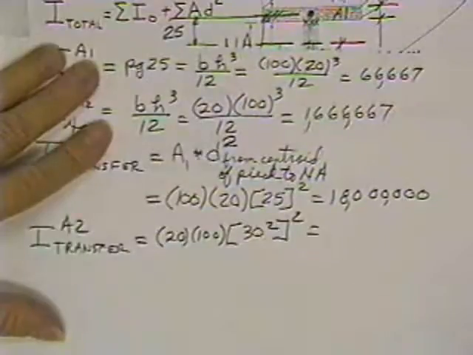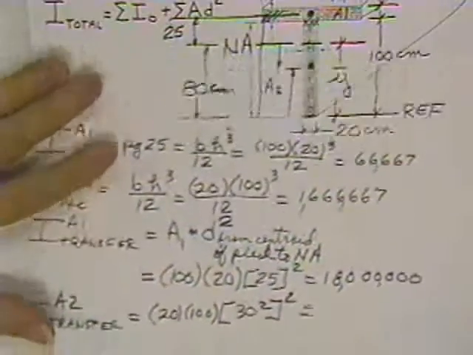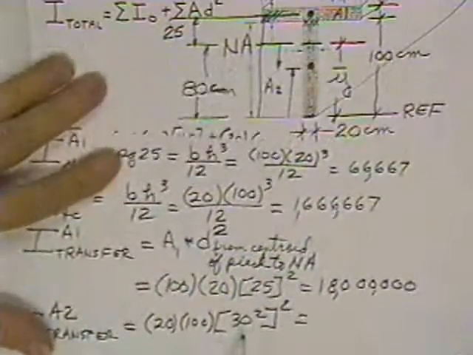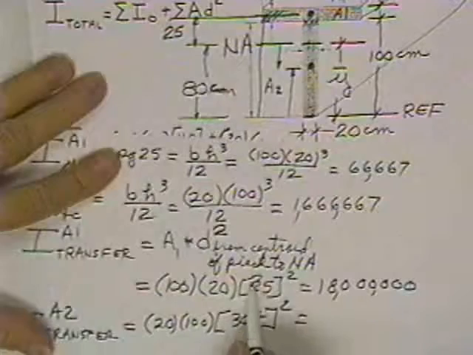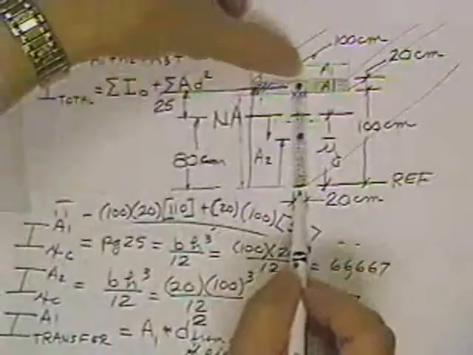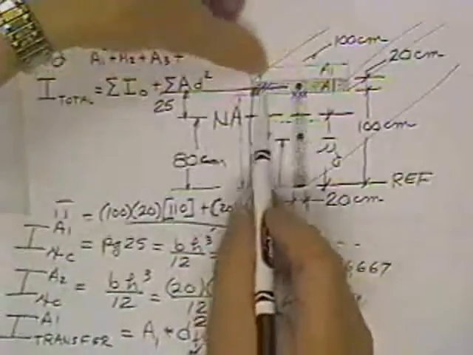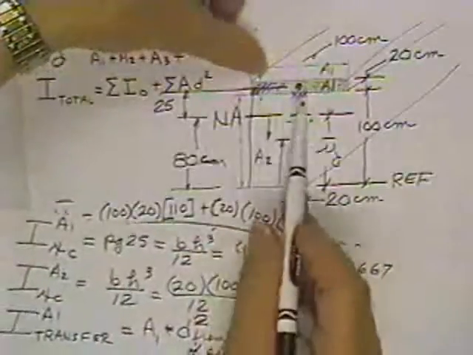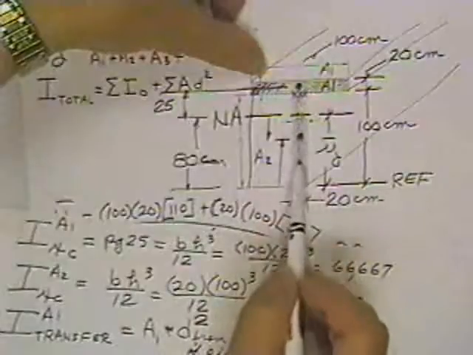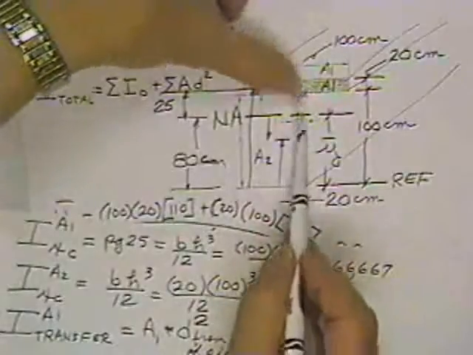It's the same. Is it the same? Can't be. Maybe I got it wrong. I think you're right. The top one is 30? Thank you. I counted wrong. Let's go back and see why. The reason he knows they should be the same is because this area on top is the same as this area in the middle, and therefore the neutral axis ought to be dead between the two of them.